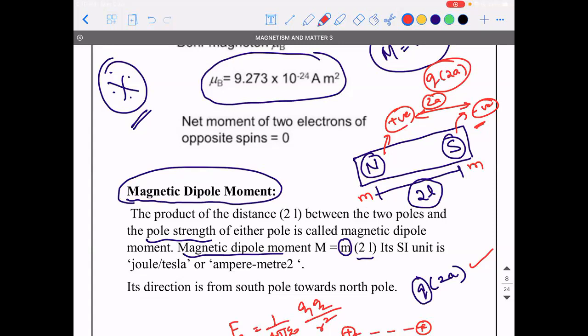If you know the pole strength of the magnets, and the distance between the poles is given as 2L, then there is something called a magnetic dipole moment that will exist, and whose value is how much? Small m into 2L. Do you guys remember this?